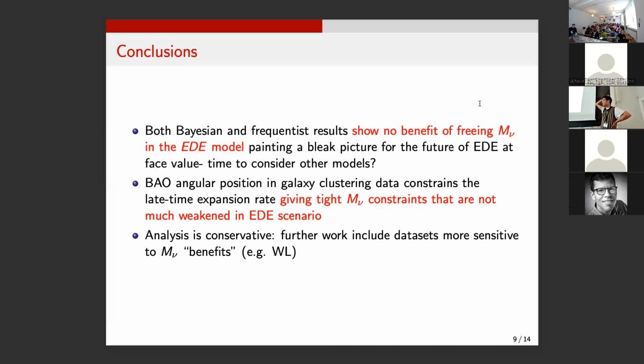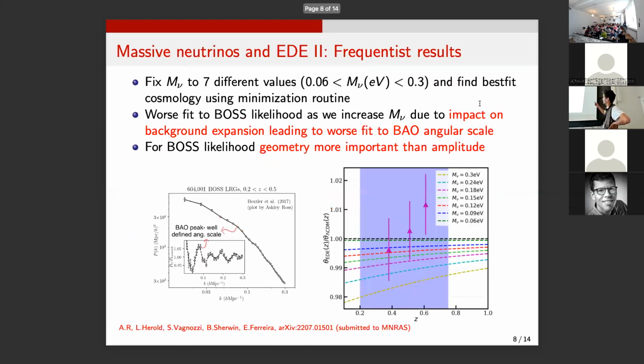Question? I think then we have to move on. When you set the neutrino mass as a free parameter, did you still have it bounded, right, between I think it was 0.3 and 0.06, or was it completely free? You mean here? Yeah.